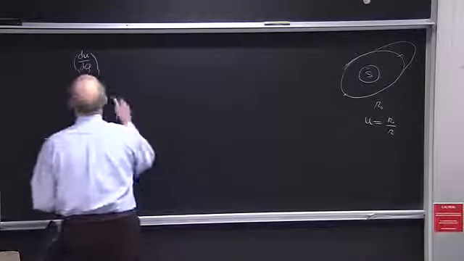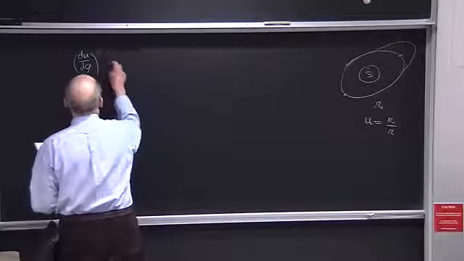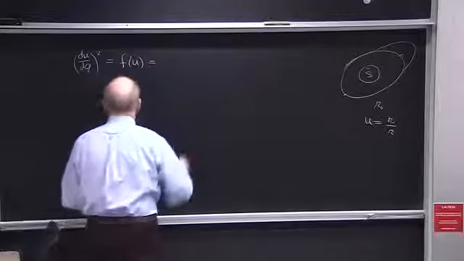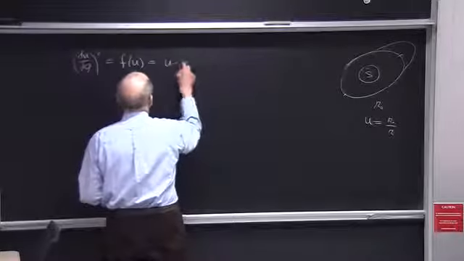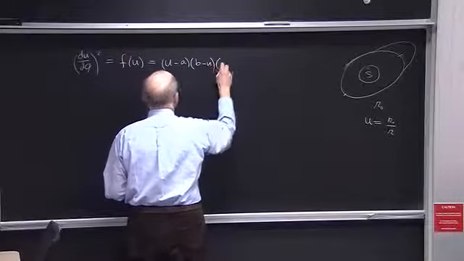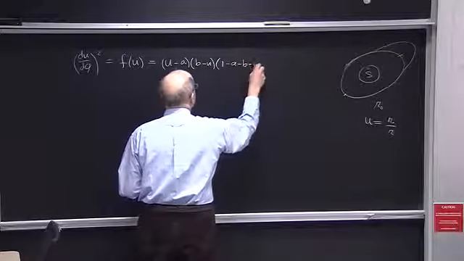And then in terms of that variable, we had found that (du d phi) squared was equal to f of u, which was equal to u minus a times b minus u times 1 minus a minus b minus u.